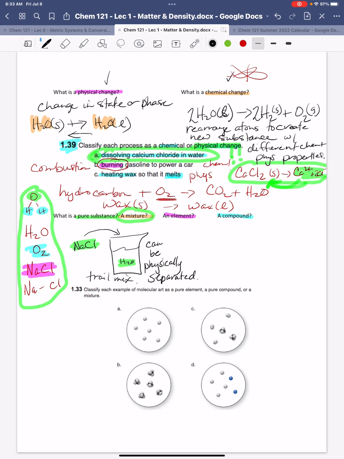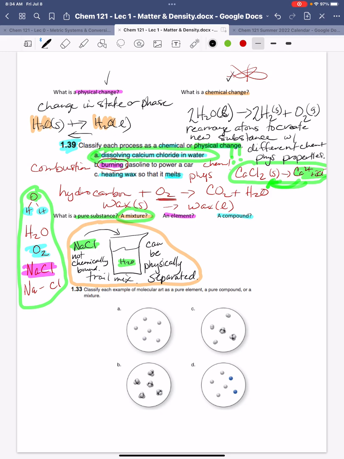So when we talk about a mixture, we have two or more pure substances stuck together, but they are not bound chemically. That's the big kicker. Not chemically bound, meaning there's no chemical bond, and we will spend a great deal of time talking about that.